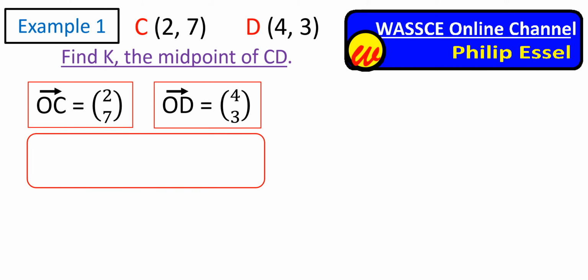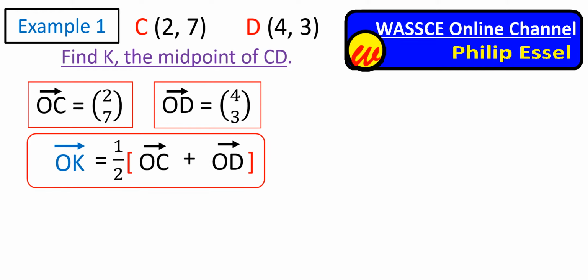If the point K is the midpoint of the line segment CD, then the position vector OK of the line segment CD would be given as vector OK is equal to half of, all in bracket, vector OC plus vector OD.